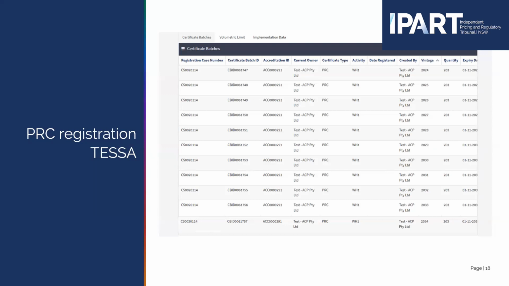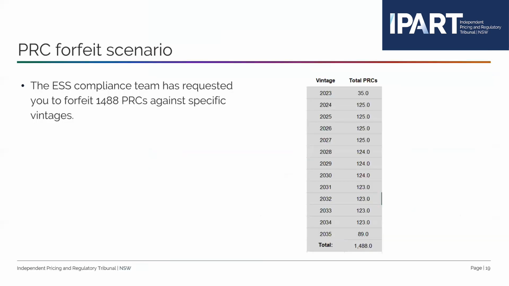So Tessa behind the scenes is going through that logic that Paul showed us in the animation in the previous slide. These certificates will be in your account, and you can always see them in the My Certificates dashboards. We also have videos for that in the knowledge articles in Tessa. So that was the registration scenario.